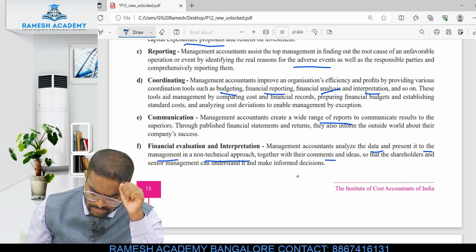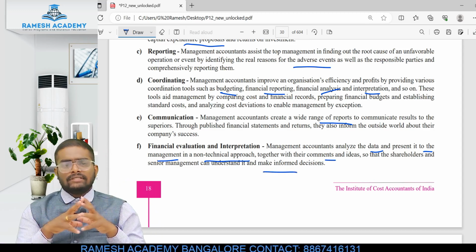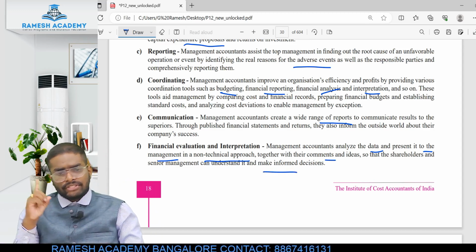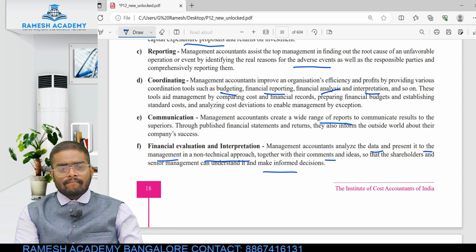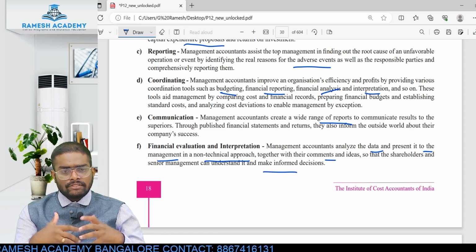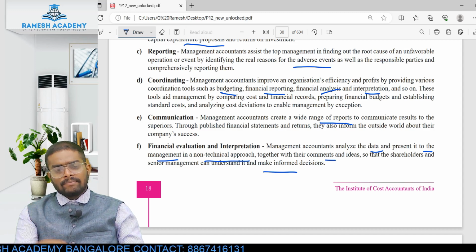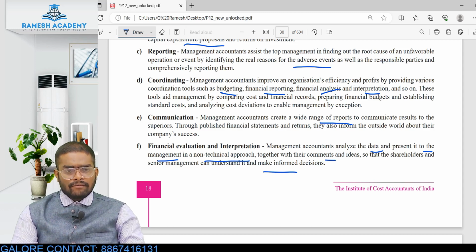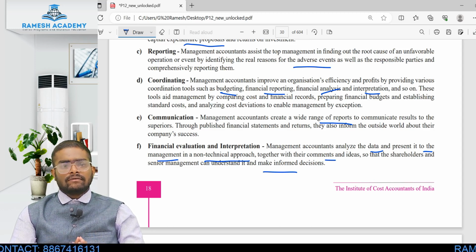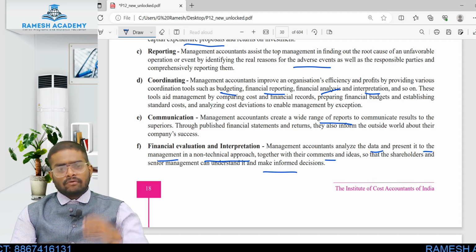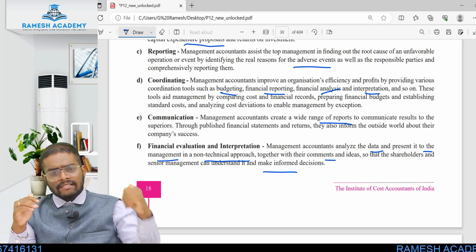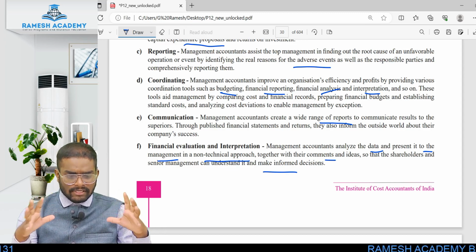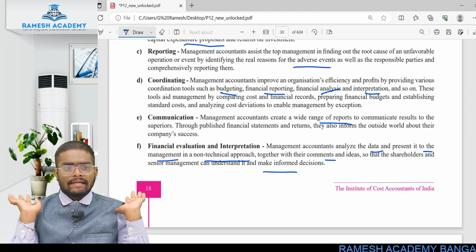There will be certain terminologies which the shareholders will not understand. If he is a technical person, maybe an engineer or a doctor, how will he know the meaning of depreciation? We have to tell him, no sir, depreciation is a charge on fixed assets for normal wear and tear. By simplifying the terminologies, the management accountant will make a better interpretation.